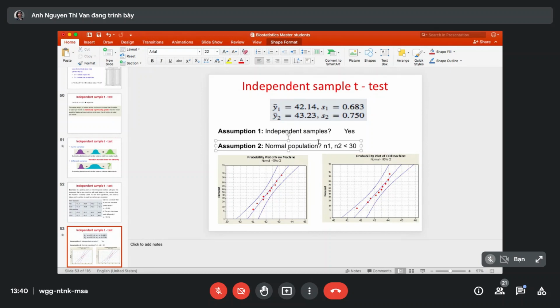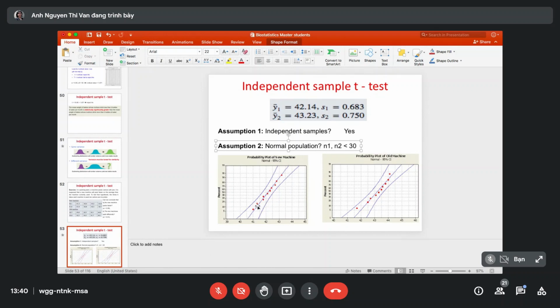Packing time. Yes, packing time, okay? That is a ratio variable, the dependent variable in this exercise. And you need to check whether the packing time follows the normal distribution or not, okay? And here is a box plot of the packing time of 2 methods. The method 1 using the new machine, and the method 2 using the old machine, okay?